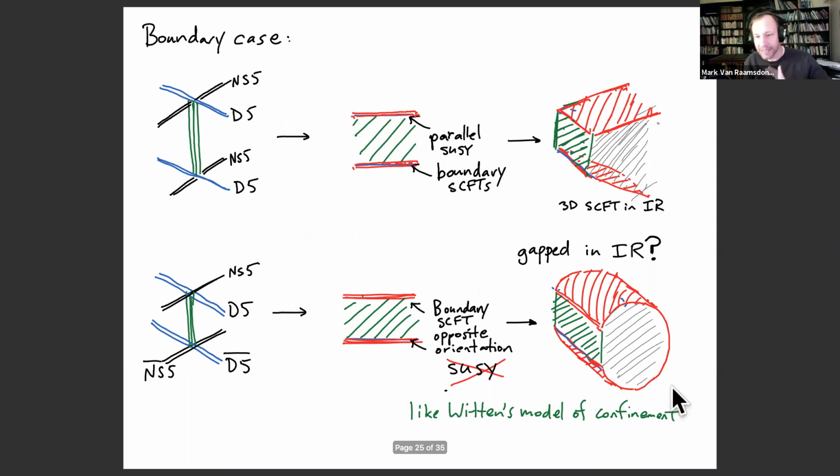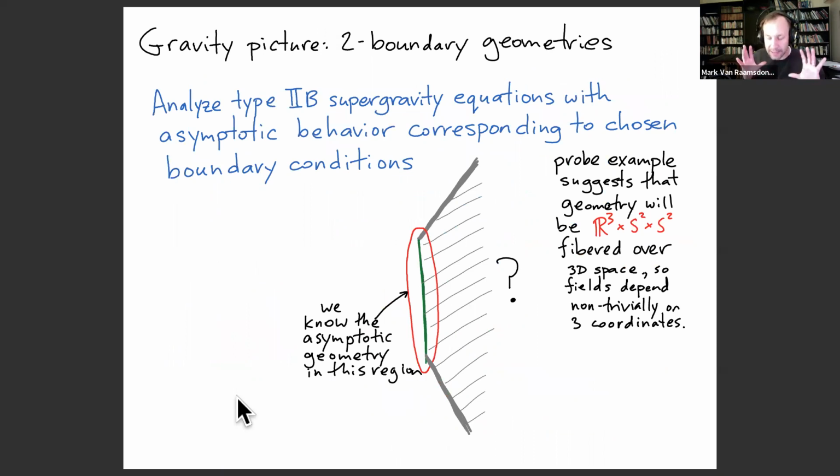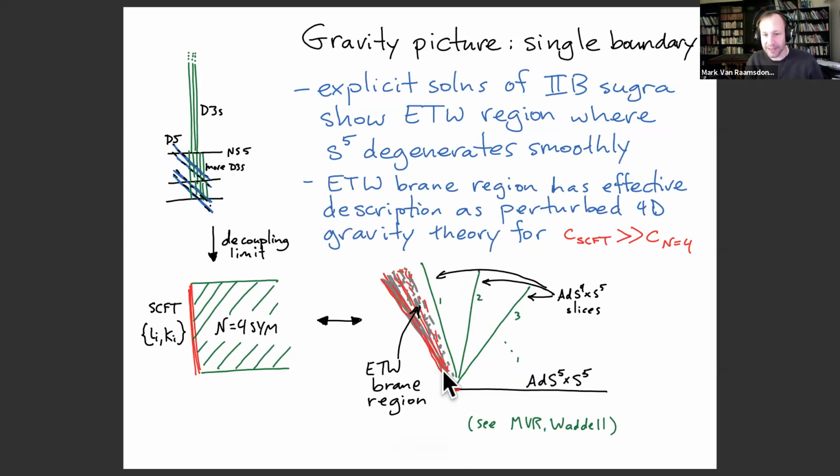Of course, I should say this is still conjectural, because really what you would want to do is find the corresponding solution of type IIB supergravity. I told you that there are solutions of type IIB supergravity in the single brane case, but the solution that I want, which has supersymmetry broken, is not known. We sort of know what it should look like in the UV. It should look like this on one side and the mirror image of that on the other side.